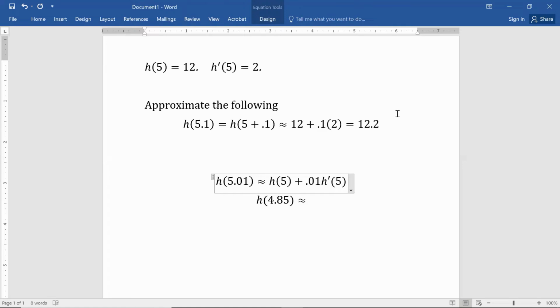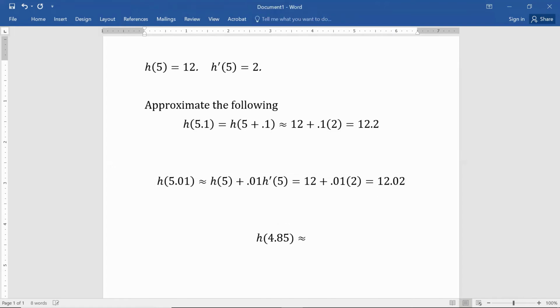So we're taking 12 plus 0.01 multiplied times 2. So we get an approximation of 12.02 for my function's value when x is 5.01.